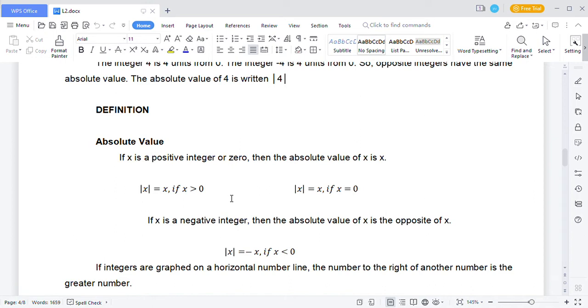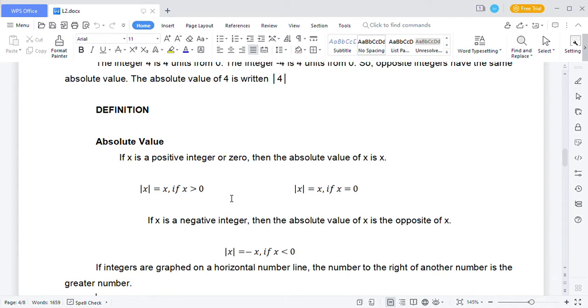That is 4. That is the absolute value of negative 4. That is 4. Okay. What is the absolute value of 10? 10. What is the absolute value of negative 10? Still 10. What is the absolute value of negative 5?